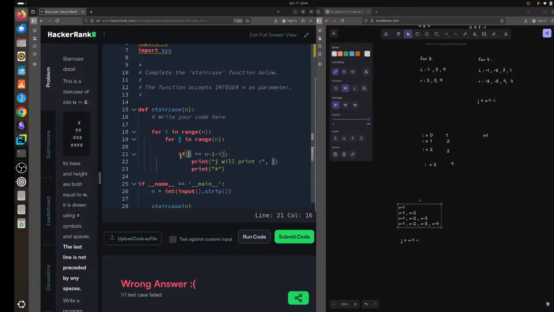Now it will print the spaces. Count how many times it is printing. One time.